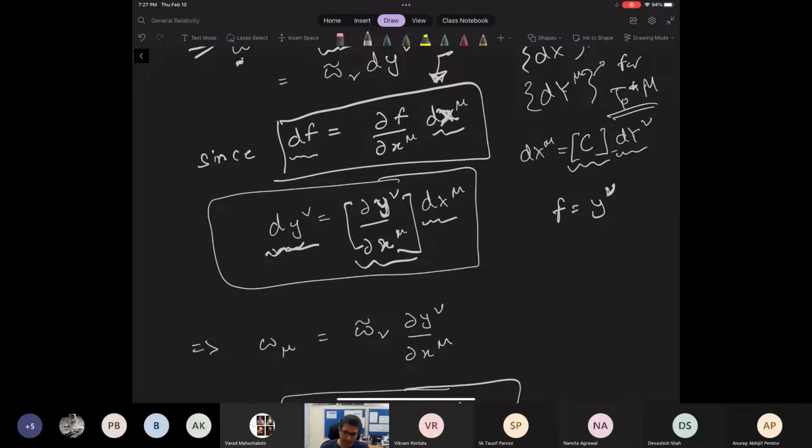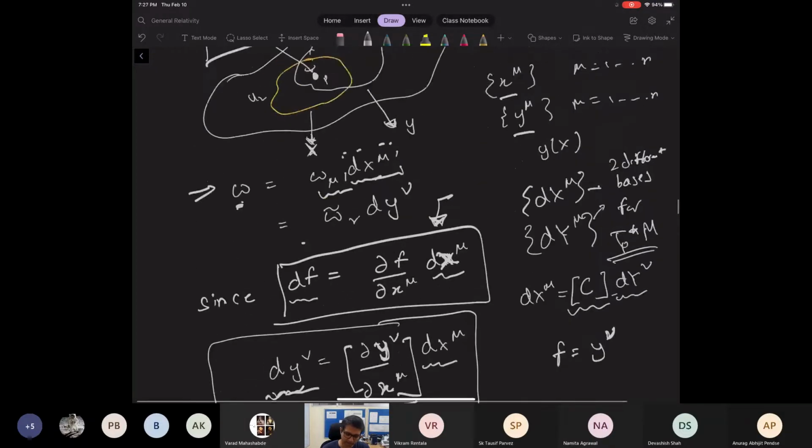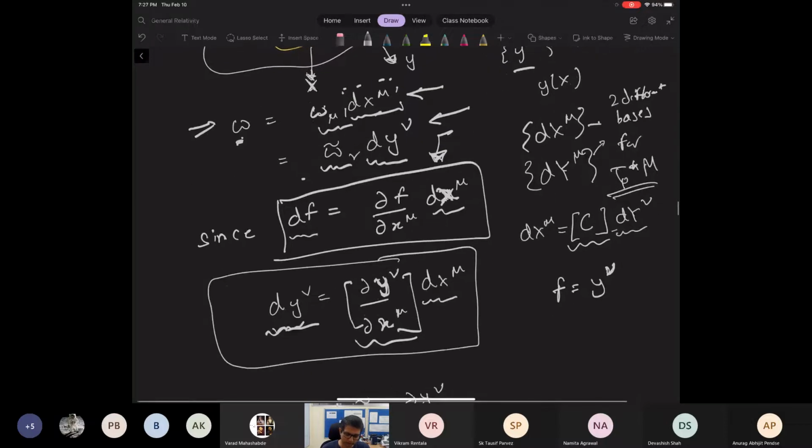Now once we do this, we can figure out, if I have a vector which I write as omega mu times dx mu, and I write that same vector using a different set of basis vectors dy nu with some different coefficients omega twiddle nu, I want to know the relationship between the old basis coefficients and the new basis coefficients, because both these coefficients are describing the same vector just in a different basis.